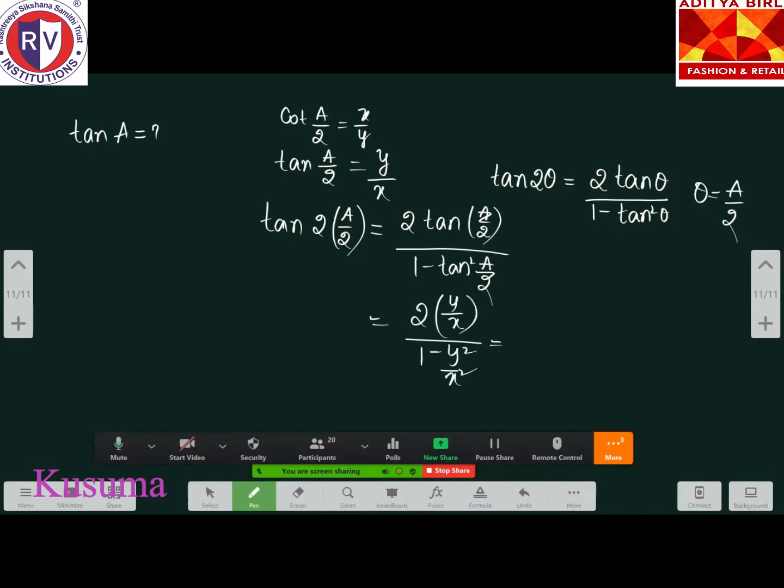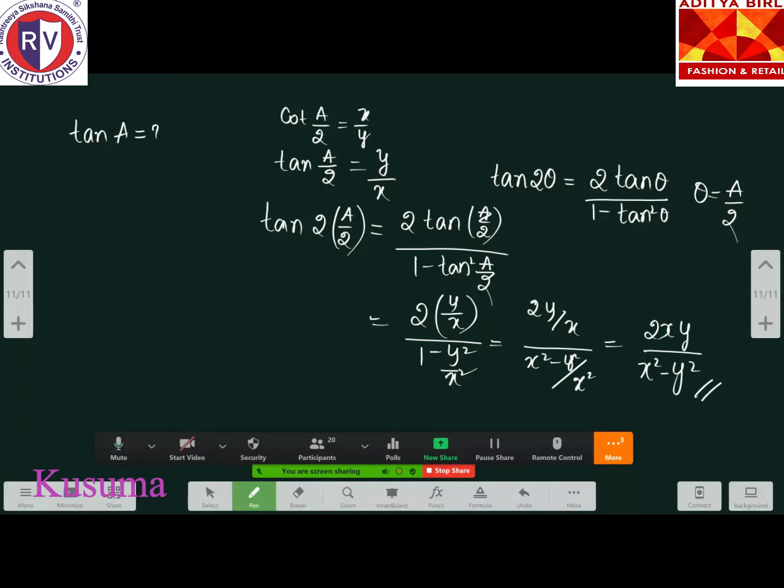Okay, now let us simplify this one. In the numerator, it will be 2y by x. In the denominator, it will be x square minus y square divided by x square. Upon simplification, this will be equal to 2xy divided by x square minus y square.